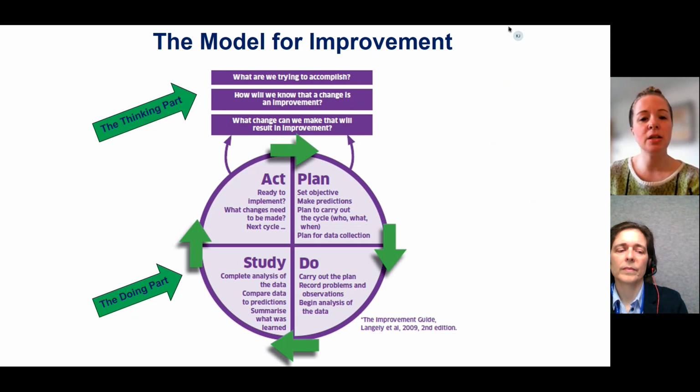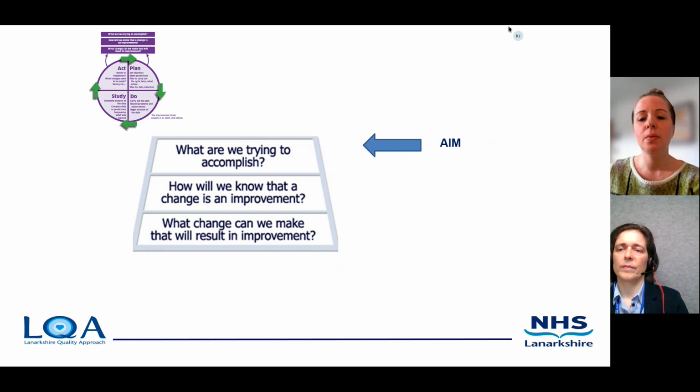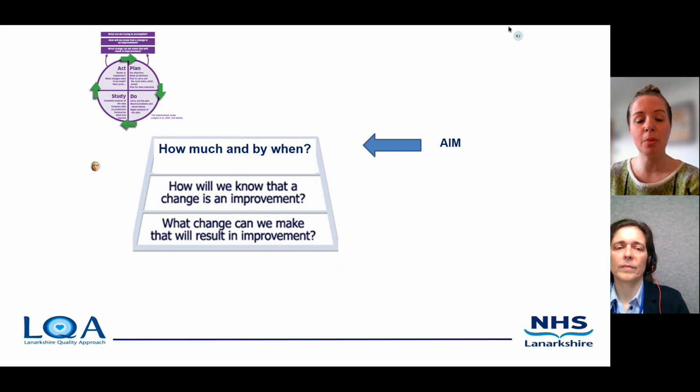Let's look at the questions in a little bit more detail. It's useful to think about the following questions in order to answer the thinking part of the model for improvement. The initial question is, what are we trying to accomplish? This can also be read as how much by when, and this is the aim of your project. What are you aiming to achieve? You will need to understand your problem so you can then set an aim statement.